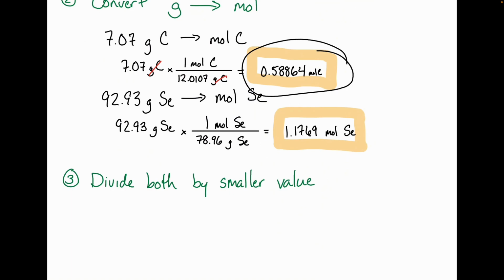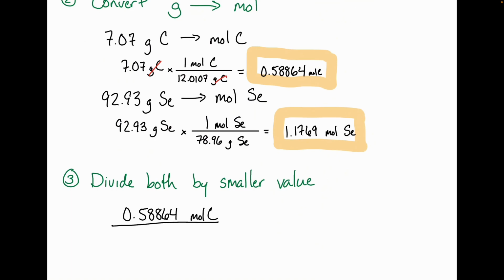The 0.58 or the 1.17? Yeah, so I'm going to divide both of those numbers by that 0.58. And so let me show you what I mean real quick by it's going to guarantee one of them a whole number. When I take my 0.58864 moles of carbon and I divide that by 0.58864, what am I going to have? 1, right? And again, the whole goal is to turn these into whole numbers here. So now I have at least one of these as a whole number.